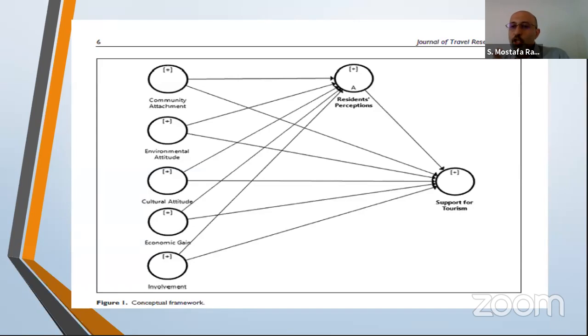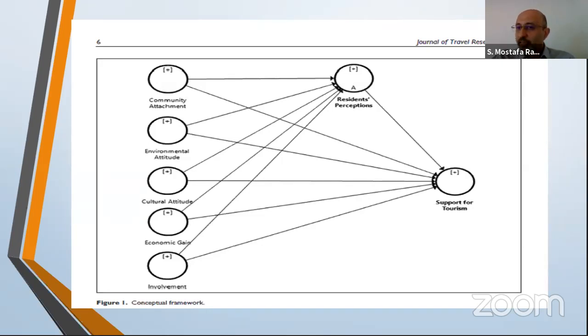For hypothesis development, we need theory and previous studies to support the effect of IV on DV, because we want to hypothesize the effect of community attachment on support for tourism development through resident perception.